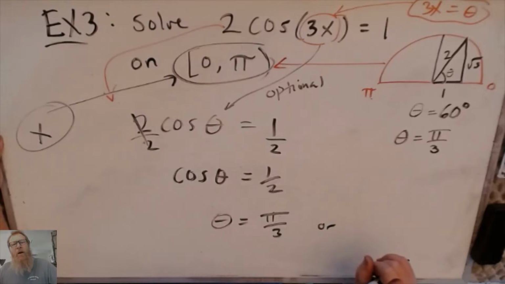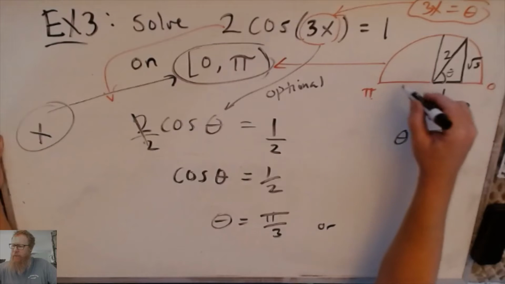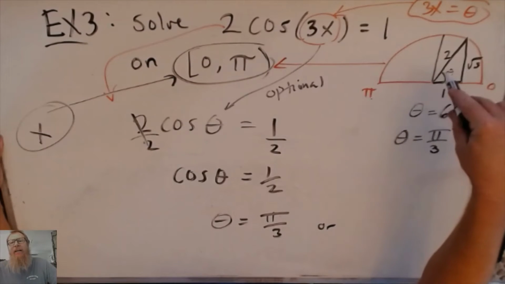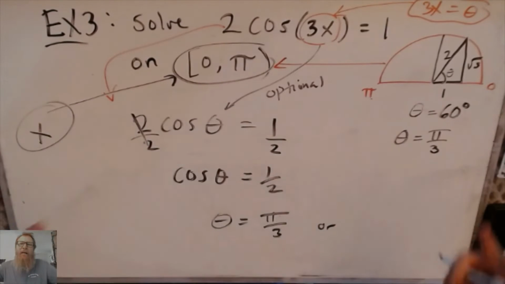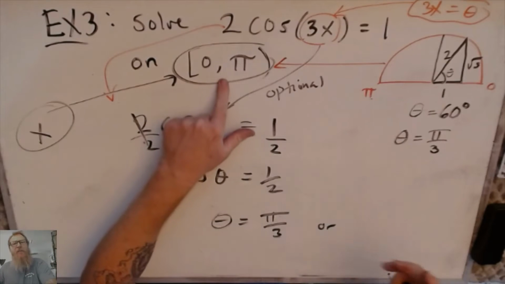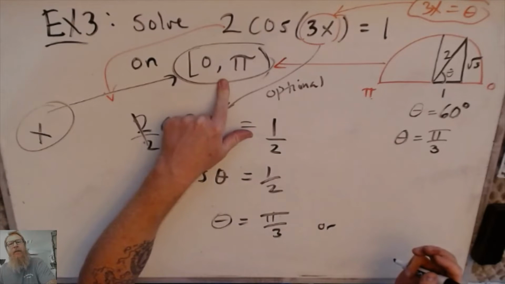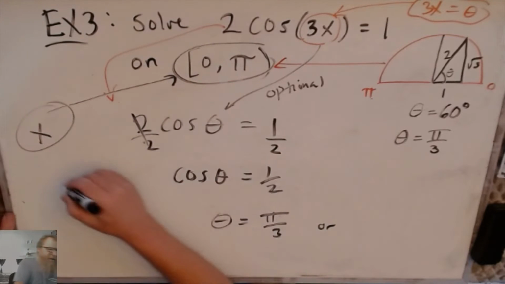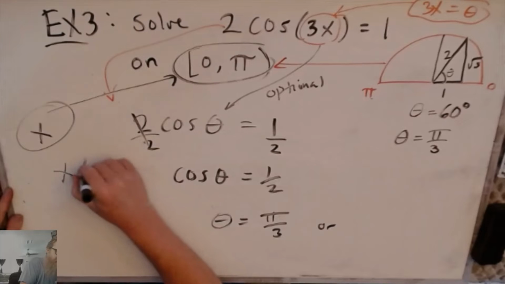or where else could it be? Yeah, this is theta. Theta can be much larger than 0 to pi. If x can go from 0 to pi, here, let's do a little sandwich.